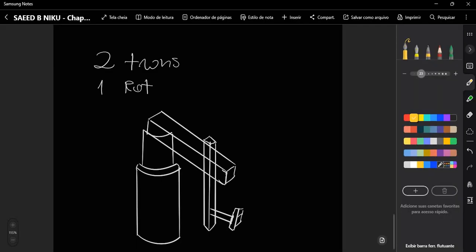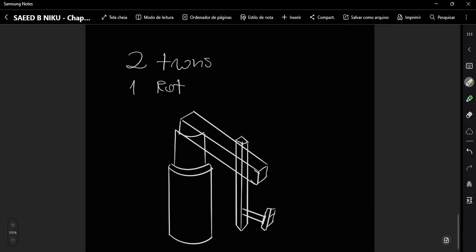Again, let's see what is the most obvious path for the hand of the robot. We can go up to here, on the z-axis. So it can go up and down, and these are transformations.